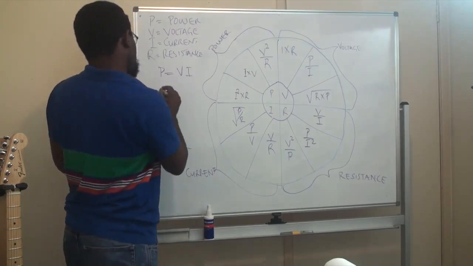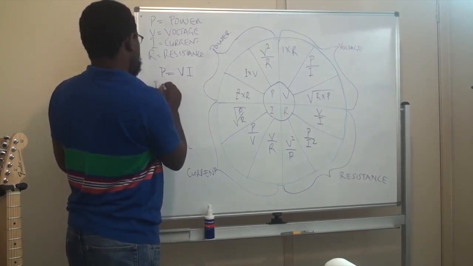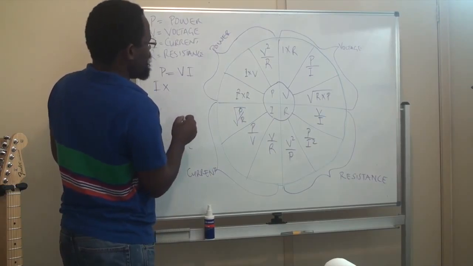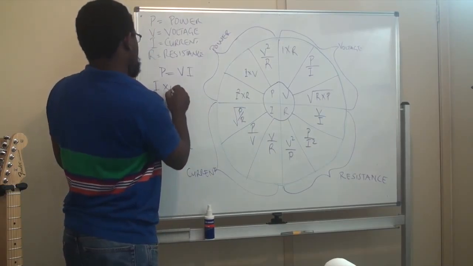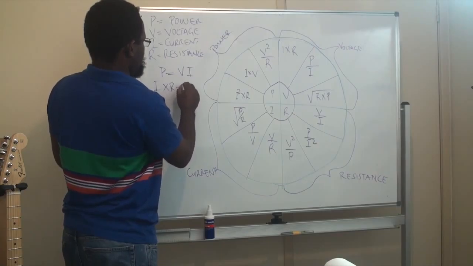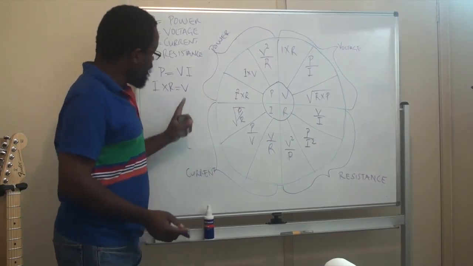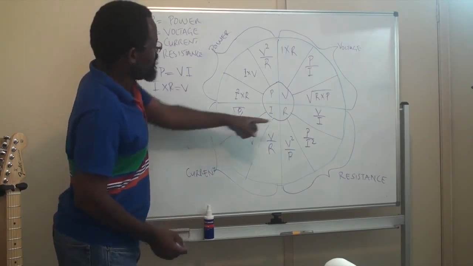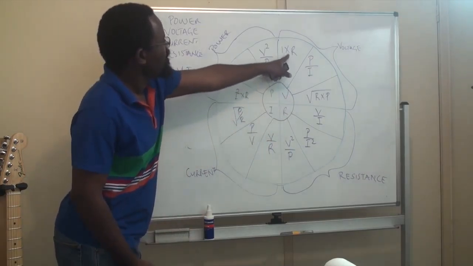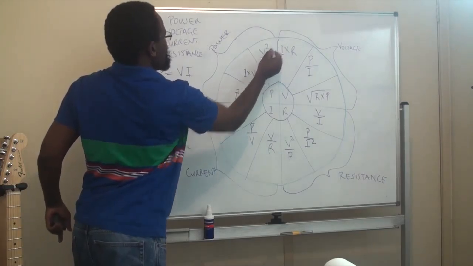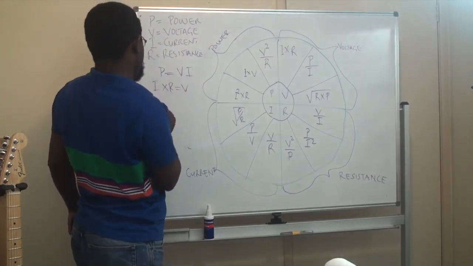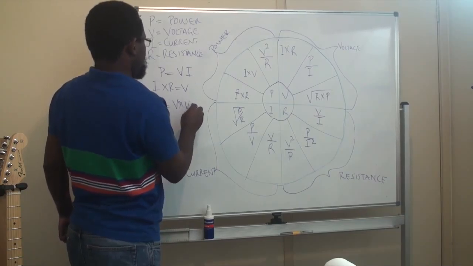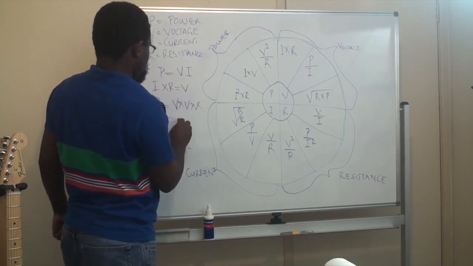We know that I times R is equal to voltage, so we can remove the V there.